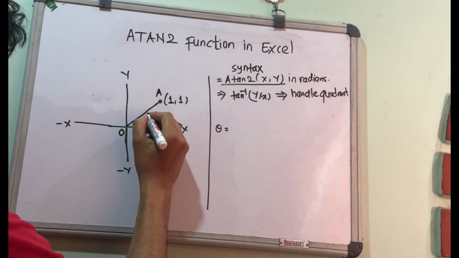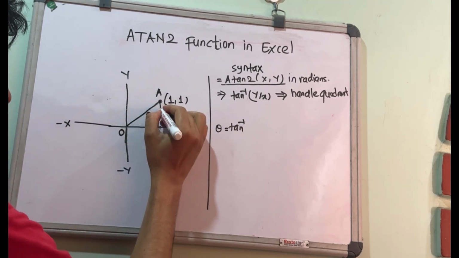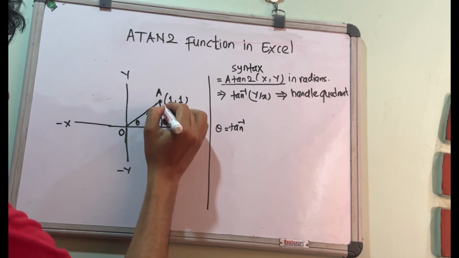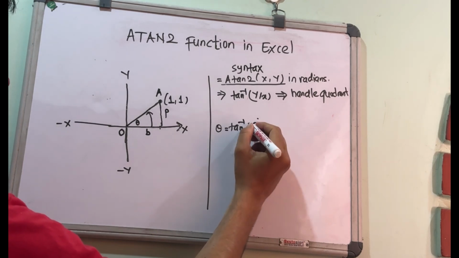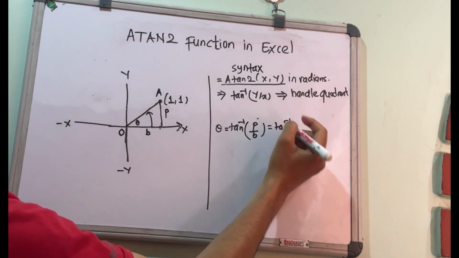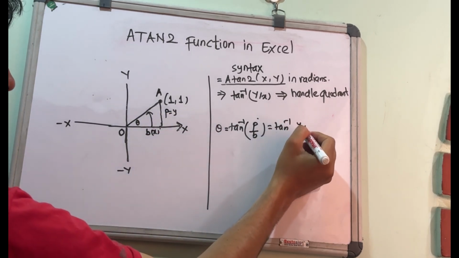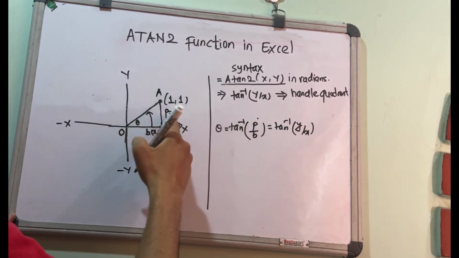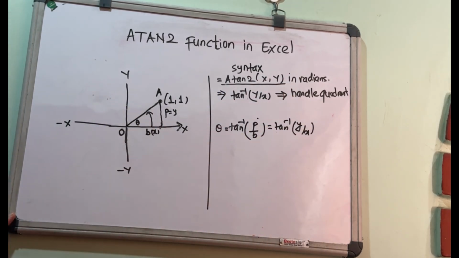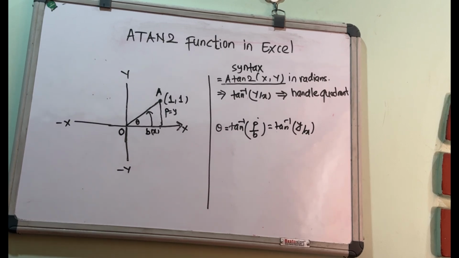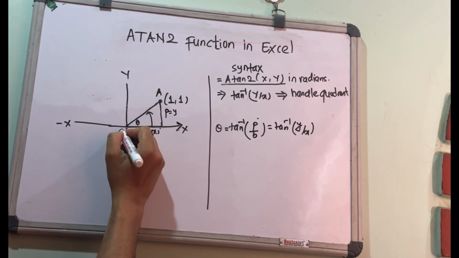This angle theta is tan inverse of perpendicular by base, P by B. P is the y coordinate and the base is the x coordinate, so y by x. So the angle in radians for this x and y coordinate is tan inverse y by x. This is the angle made by this line OA with respect to the x-axis, containing the origin.